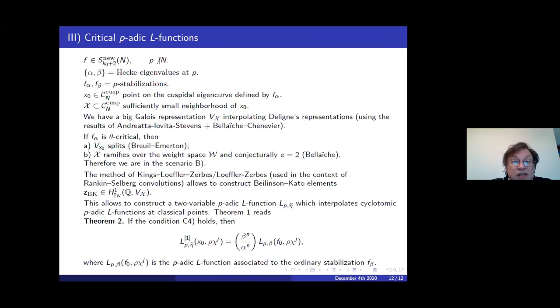If we specialize this L-function at a classical point different from x0, it interpolates, up to multiplication by some constant, the cyclotomic P-Adic L-function of the modular form at this point.